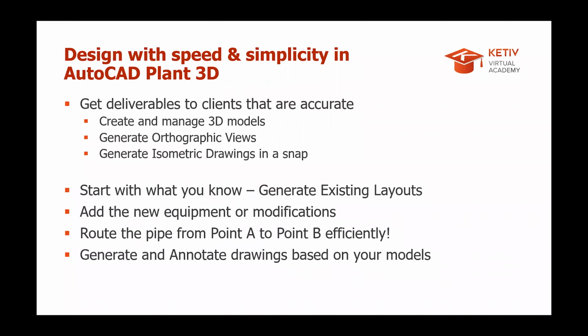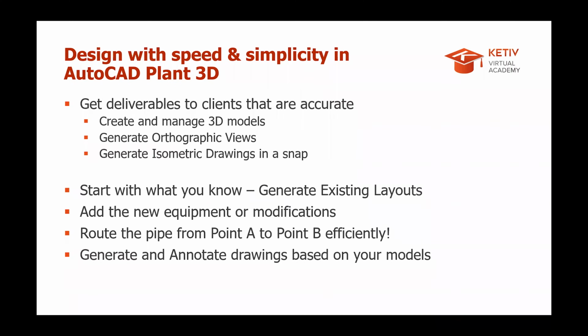Okay, so the best workflow that I have seen is start with the information that you already know about your site. If you're working on an existing site, generate your existing layouts, get your tanks, your pumps, your pipes, all of that into position.